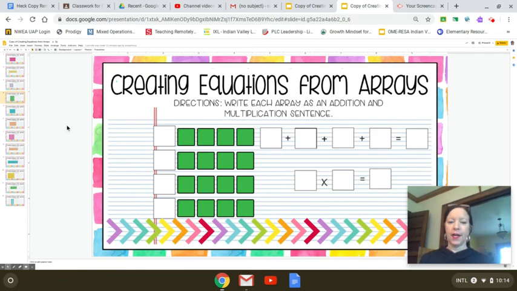All right, let's see. Okay, getting a little tougher here. How many columns do you see? Well, let's look. I have 1, 2, 3, 4 columns. So it's going to be 4 plus 4 plus 4 plus 4.